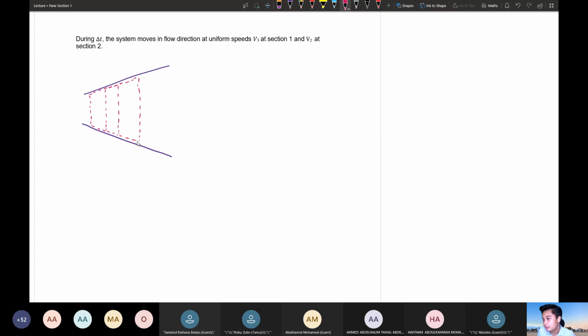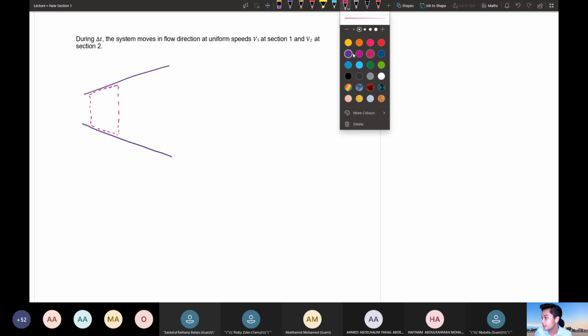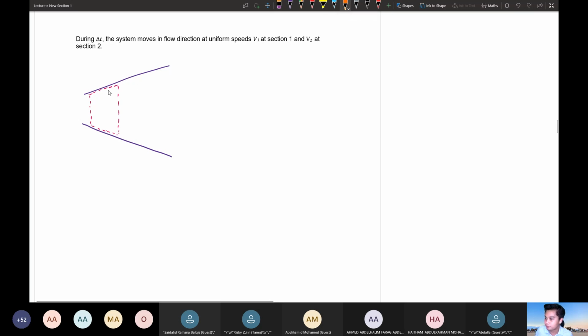Can every one of you imagine what happened? Maybe I can try using a different color to make it different. Okay, this is initial. Different color, maybe orange. Okay, and then it will move to this position.